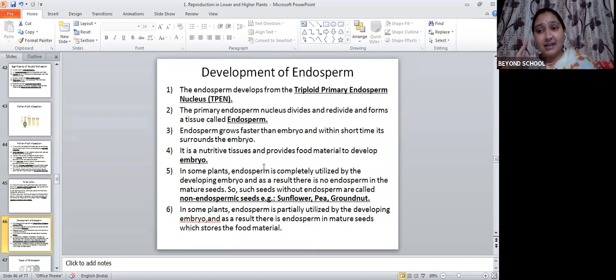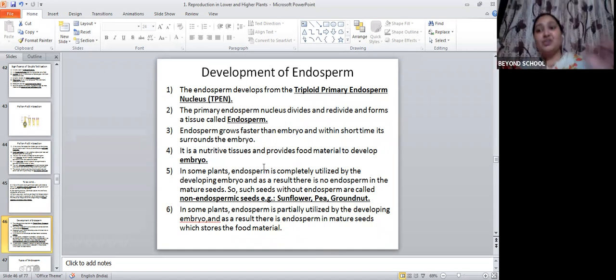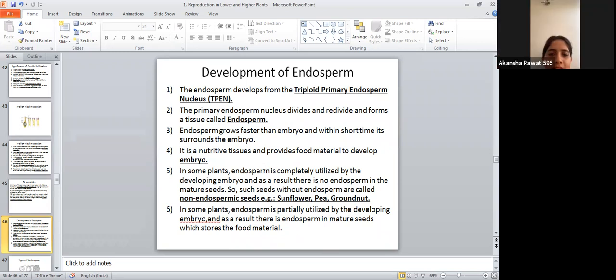Why is it like that? Once the embryo has completed its developing process, definitely the seed has matured, because inside the seed there is an embryo. Such seeds, which utilize the whole of the endosperm and are without endosperm, are called non-endospermic seeds.